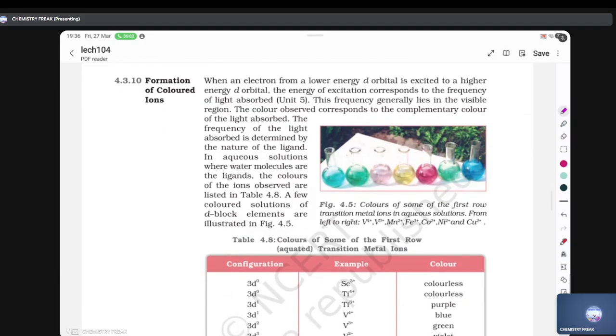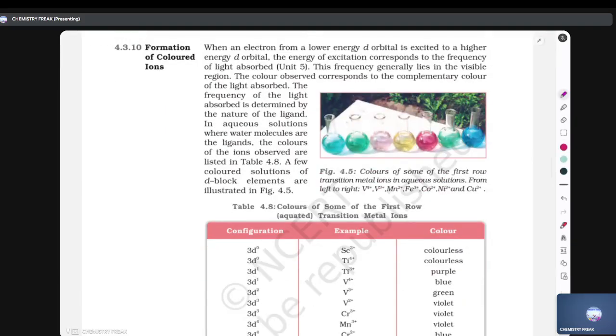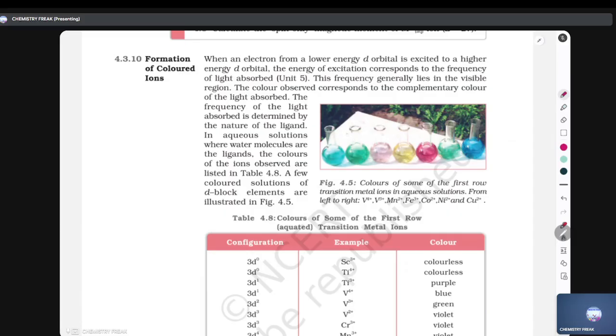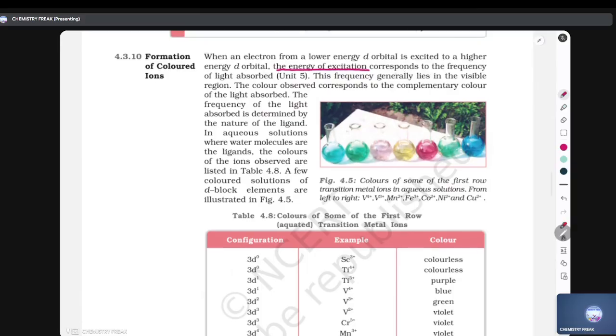Now the next thing, formation of colored ions. In the d block, elements mostly form colored ions. Why? The energy for excitation corresponds to the frequency of light absorbed. And this generally lies in which region?